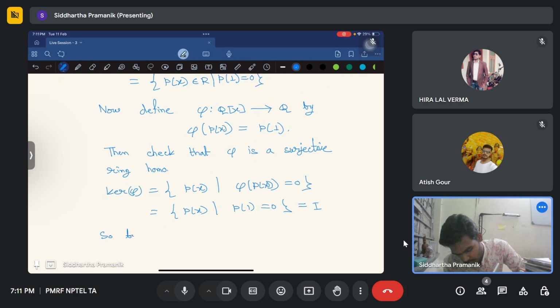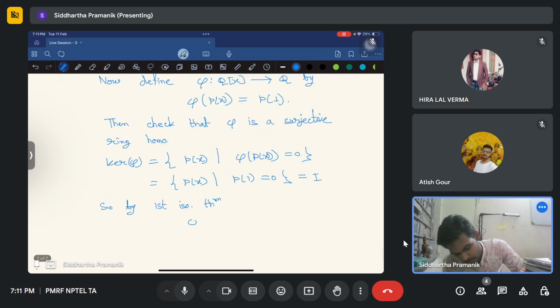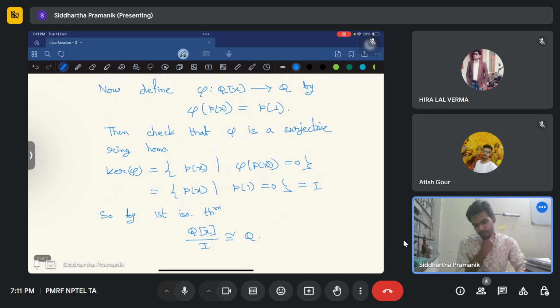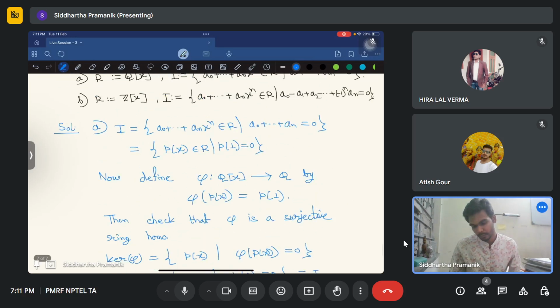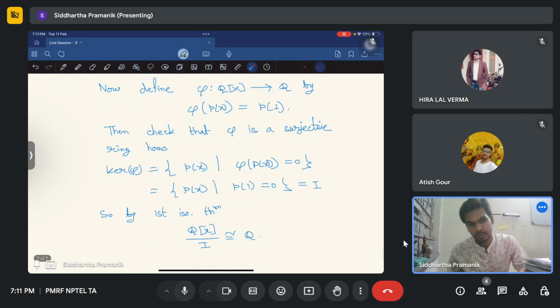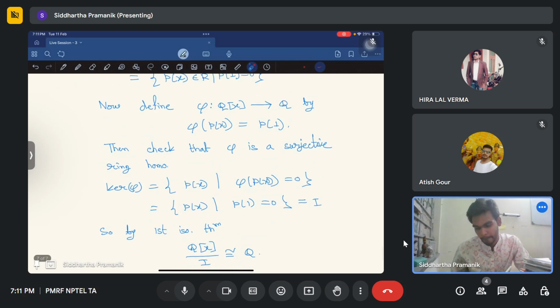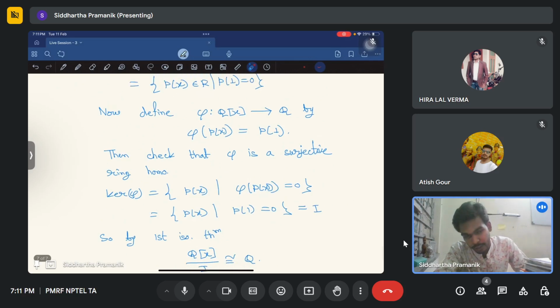So by the first isomorphism theorem, Q[x] mod I is isomorphic to Q. Okay, so your quotient exactly looks like Q. So did you get the idea?